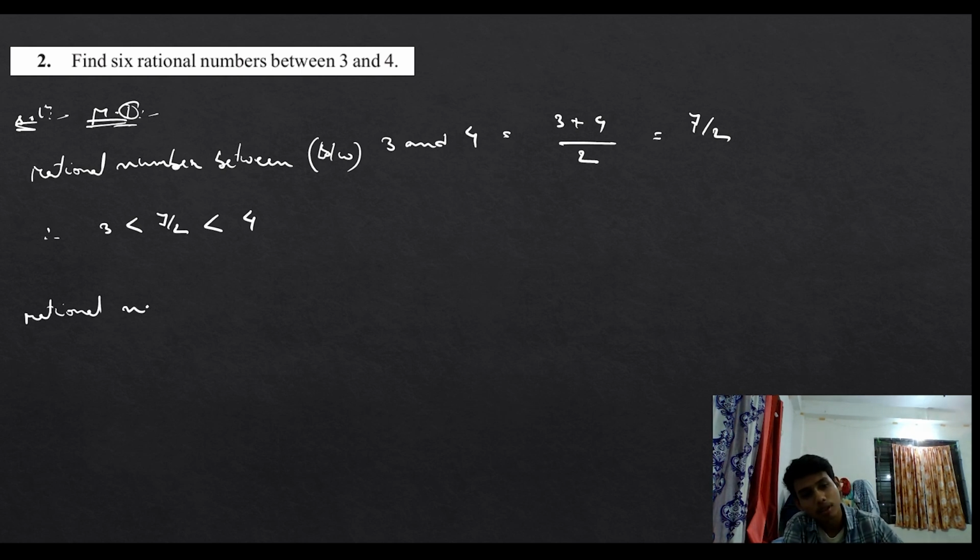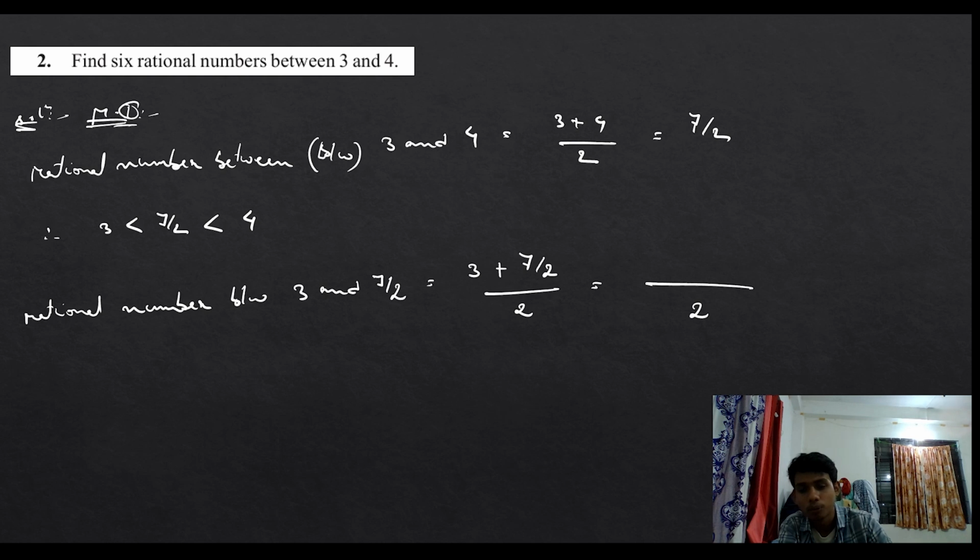The rational number between 3 and 7 by 2 will be equal to the first term plus the second term whole divided by 2.